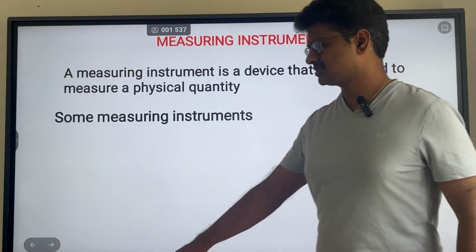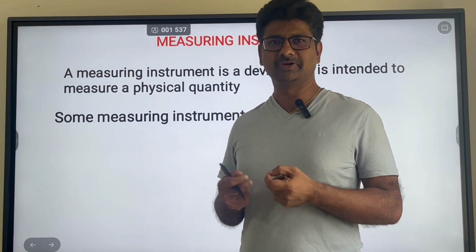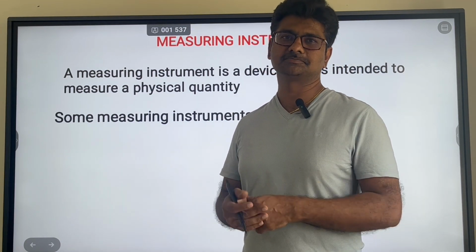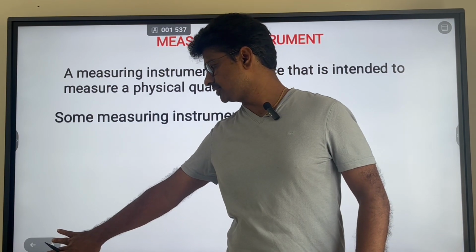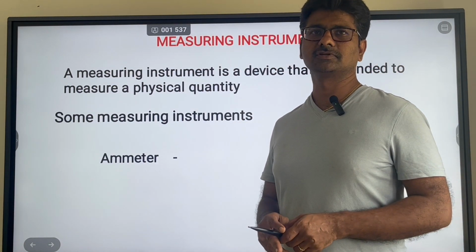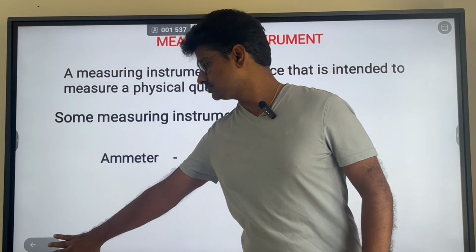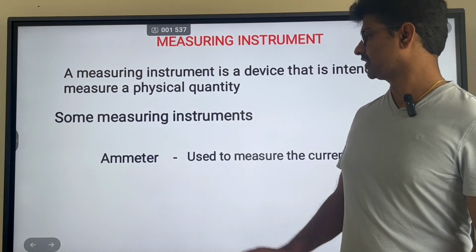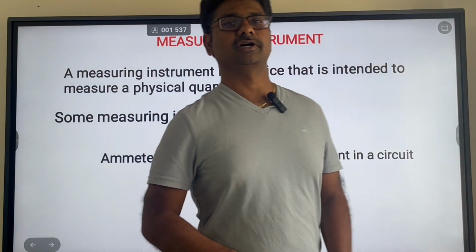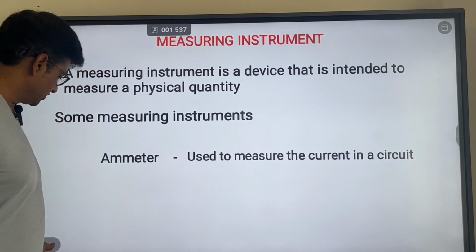Some measuring instruments. So we know generally what the measuring instruments are. We know ruler, which is a basic measuring instrument to measure length. And let us see some more measuring instruments here. Ammeter. I think all of you know what an ammeter is. An ammeter is used to measure the current flow in a circuit.